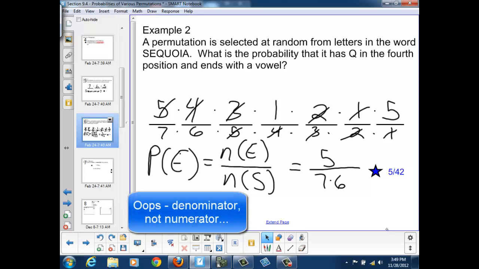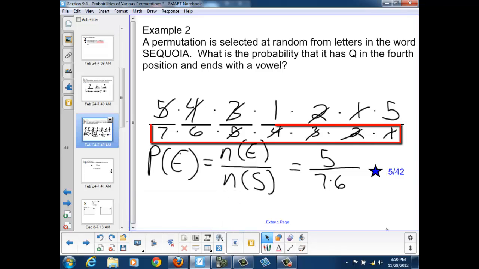You'll notice that in my numerator, initially, to fill the 7 slots out of 7 choices, I ended up with 7 times 6 times 5 times 4 times 3 times 2 times 1. That situation where we multiply all the integers from 1 up to a certain value has a specific name.